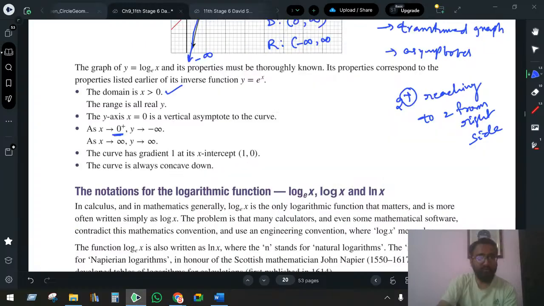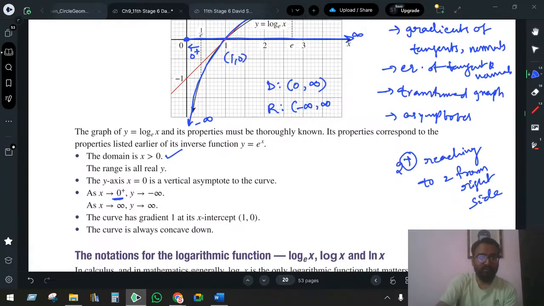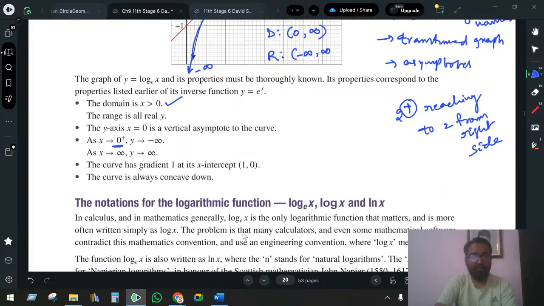Okay. So next, the curve has gradient 1 and the x-intercept is 1 comma 0. This is 1 comma 0, the x-axis intercept. And it is concave down. f double dash is always less than 0.